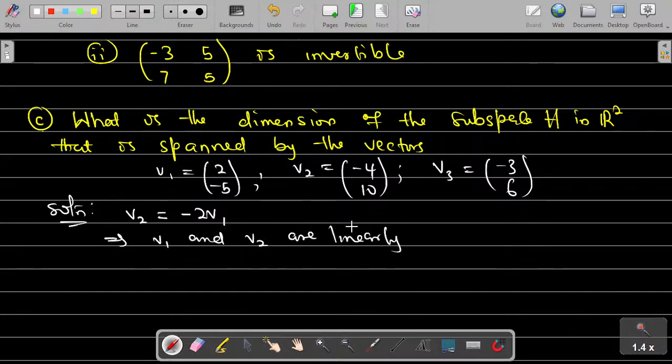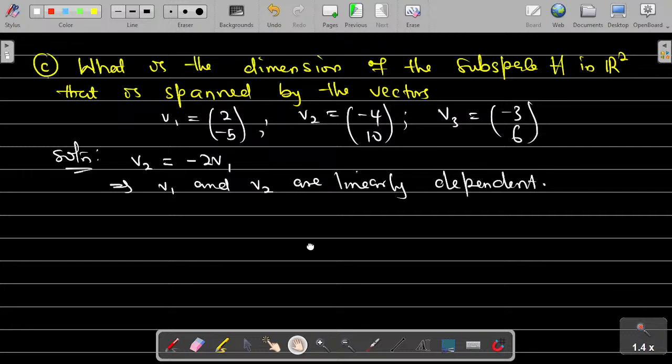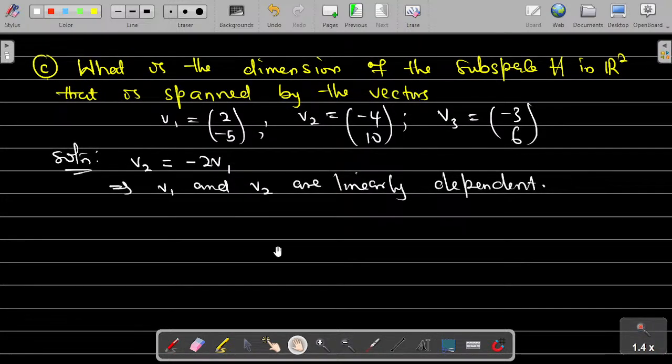Just put dependent there. Once a vector is a multiple of another vector, then both of them are linearly dependent. That's one way to show linear dependency.